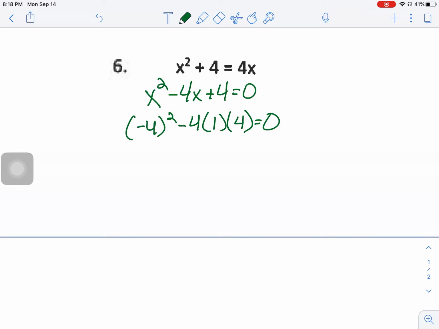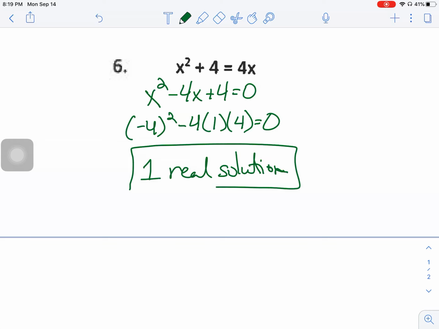I want to do a quick double check just to make sure my brain is not telling me the wrong answer. It is correct. I got 0. So the discriminant equaling 0 means I have 1 real solution. So I hope this has helped with understanding what the discriminant is and also what information it gives us with regard to a quadratic equation.